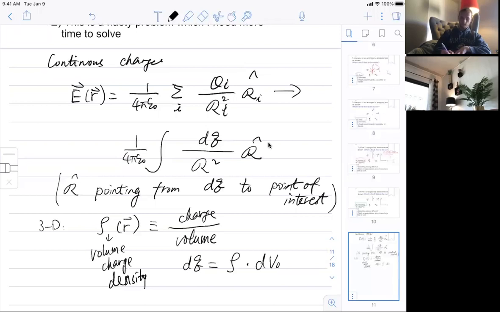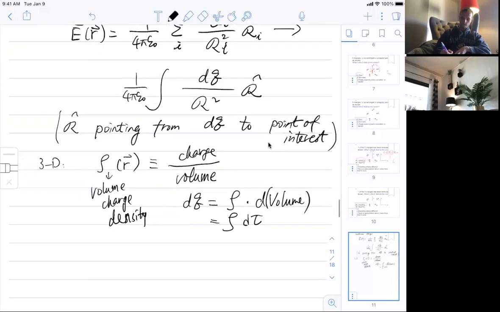I'm going to say volume, because in Griffiths, I'm actually going to use d tau to represent it, just so that we don't get confused with V as in the potential. Here we're going to say d tau. And whenever we deal with a source, we use a prime just to separate it from the field.